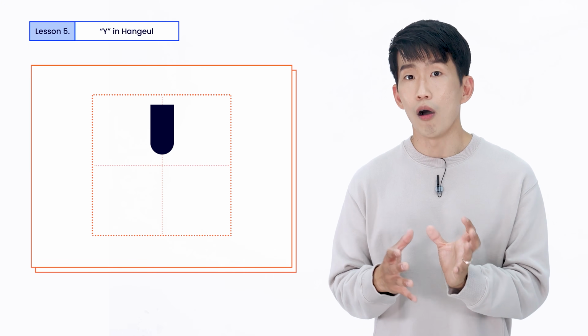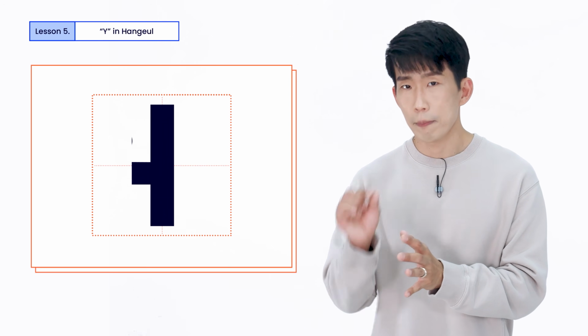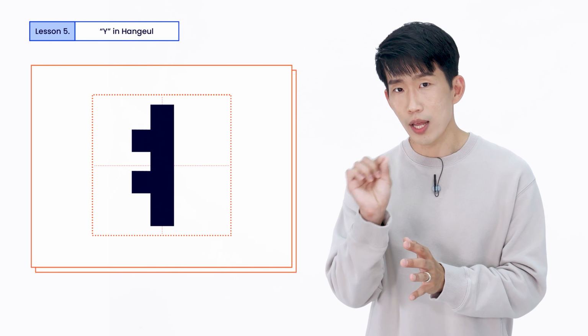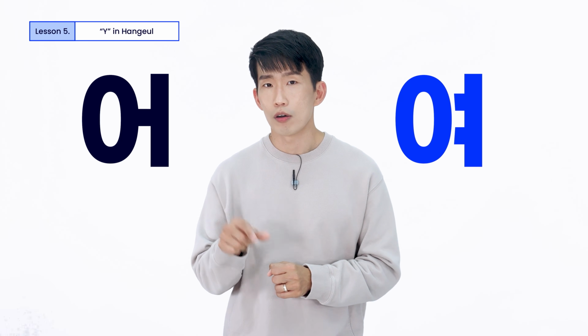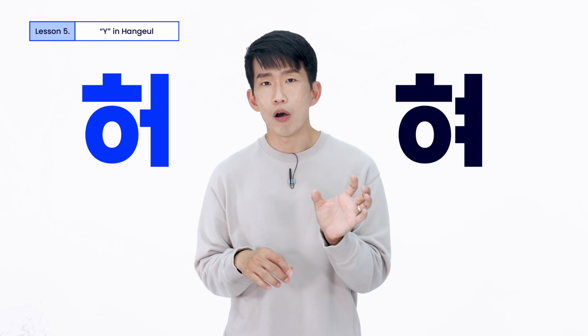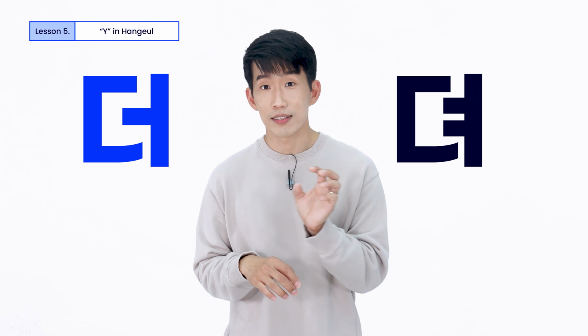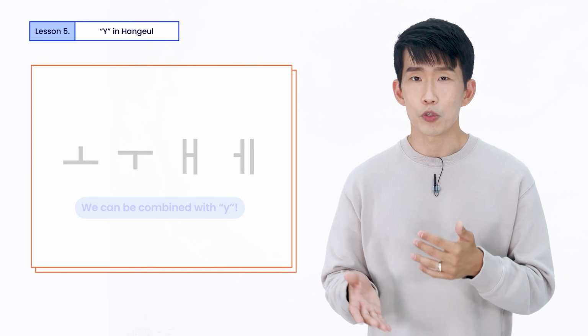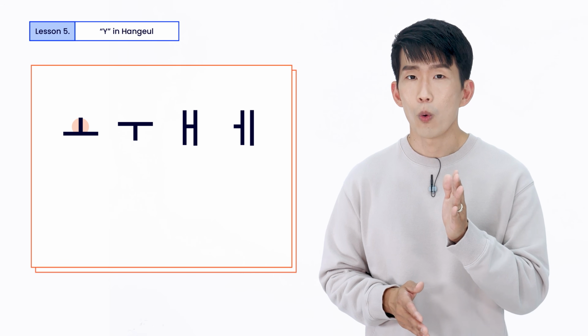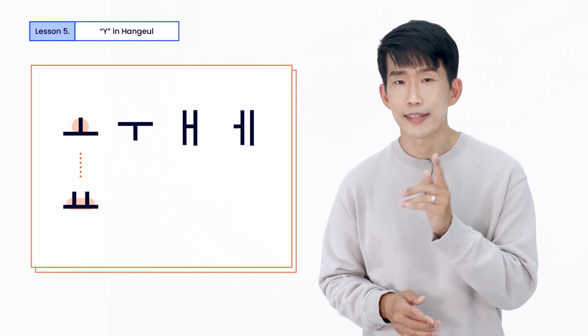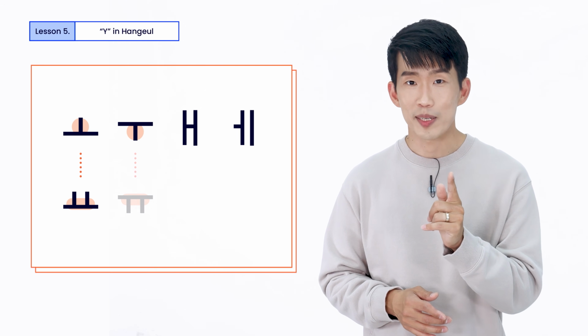Similarly, you can change o to yo by adding 1 more line. So from 1 line to 2 lines, o, yo, ko, kyo, ho, hyo, to, pyo. You get the idea. So you apply this rule to all of these vowels. O, yo, u, what does it become?